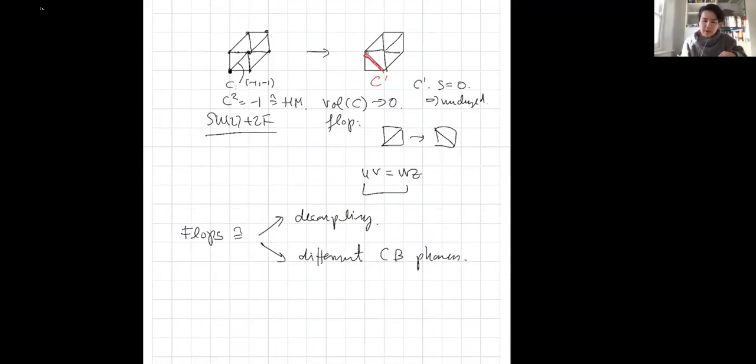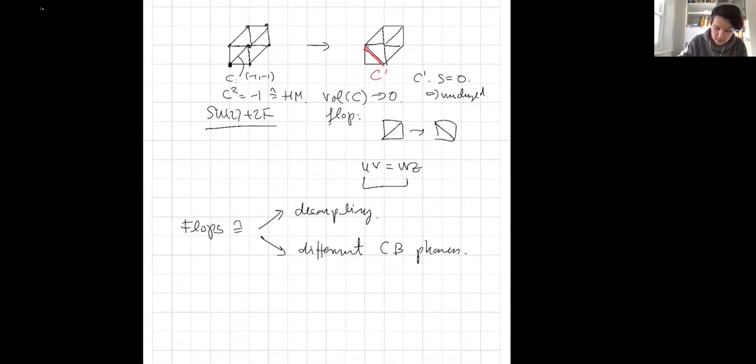And so they're just different gauge theory phases that do not have an interpretation like a decoupling. And that's something we've actually seen in our gauge theory analysis.